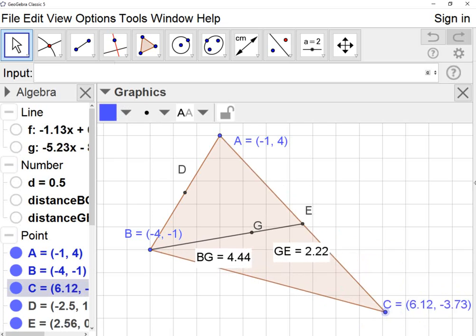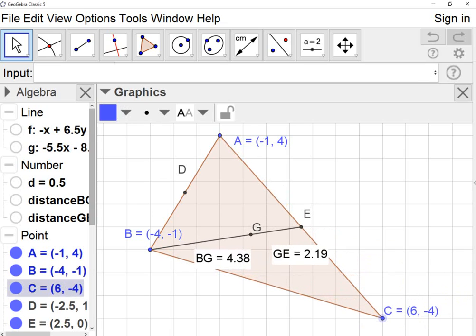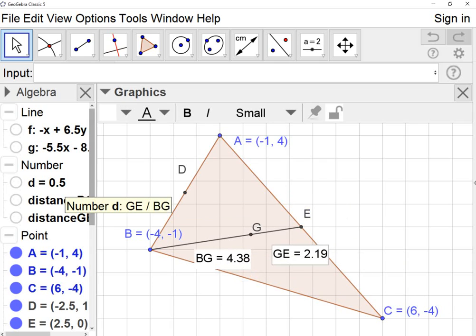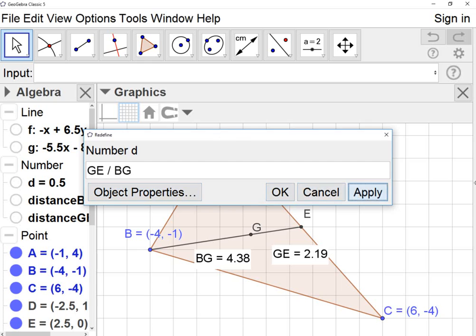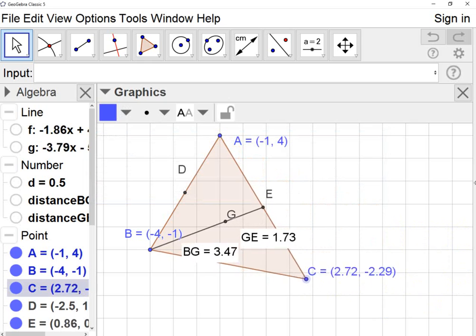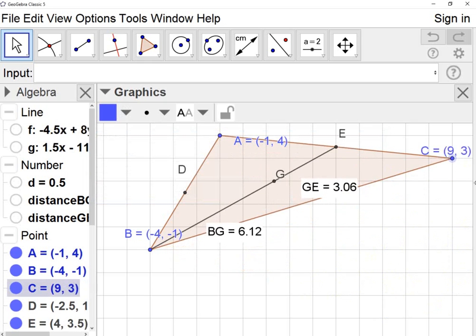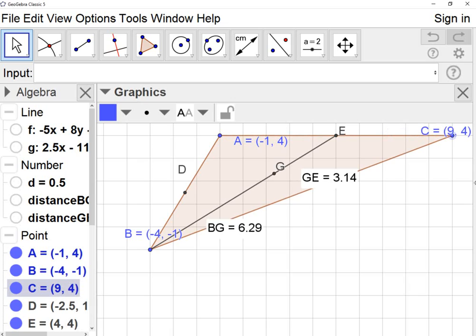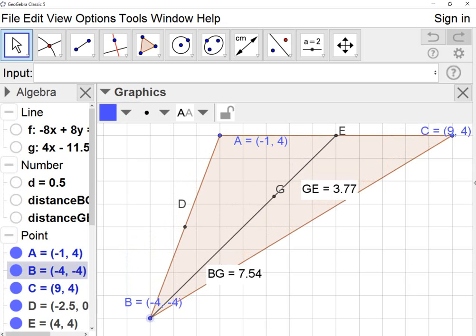Remember, as I change this triangle, these two values are going to change, and those two values were used inside that formula right there, so the formula is changing as well. But does the quotient ever change away from 0.5? No. Here we've got 3.77 and 7.54. Those are different GEs and BGs, but their quotient is still 0.5.